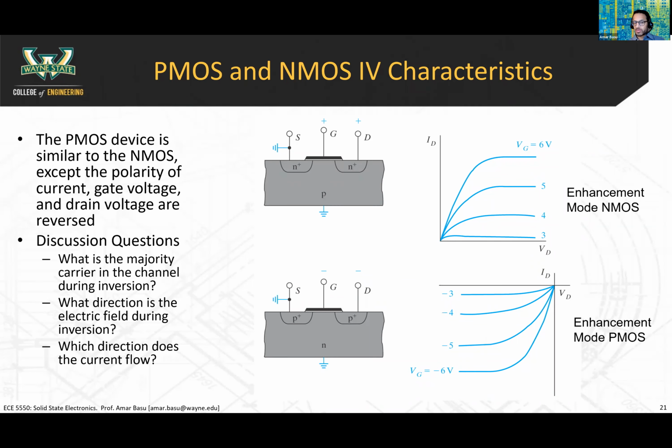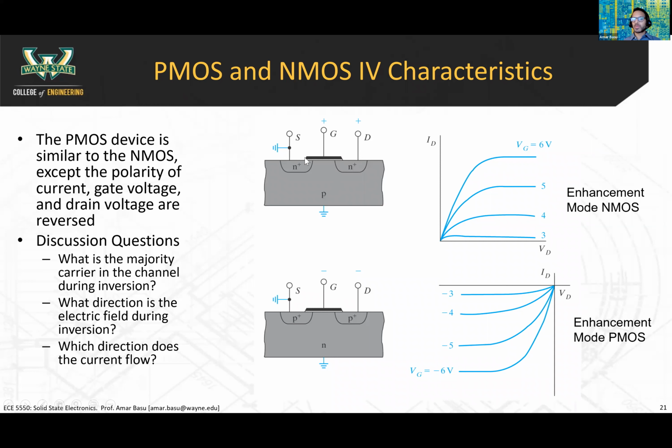A depletion mode device would be a device that's normally on, where if you don't apply any gate voltage, there's already a conductive channel. And you can actually apply a voltage to it to get rid of the conductive channel. Okay, so you can play those kinds of games too.